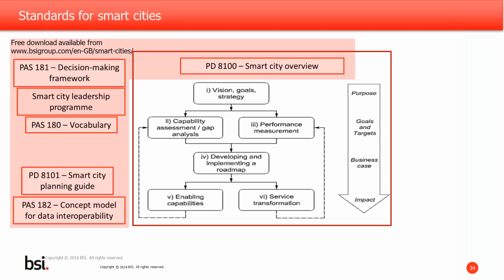And to enable that vision, BSI has produced a number of standards, which are all available for free on BSI's website, that start at the very strategic level and move down to very much a data concept model and data interoperability level with PAS 182.